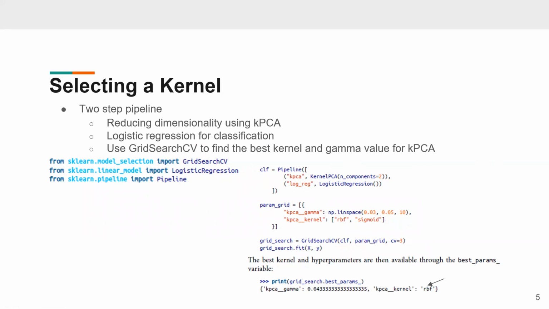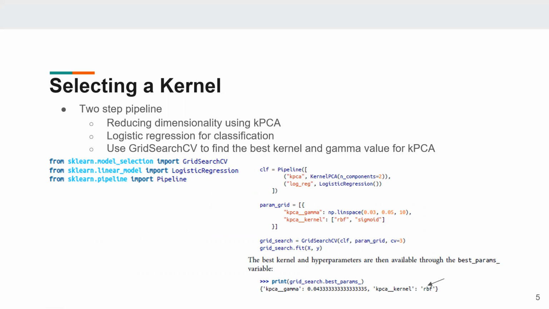So in this pipeline, you have two components, kernel PCA and logistic regression, and you want to search different kPCA gamma values, and then different kernels that you want to experiment on. You use the grid search cross-validation algorithm to go through this classifier and parameter grid with cross-validation equal to 3. And then you can fit X to y.